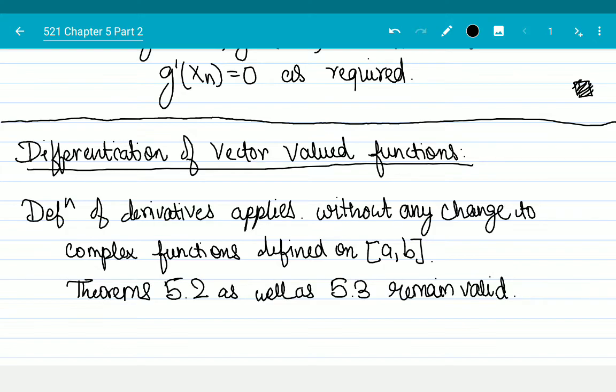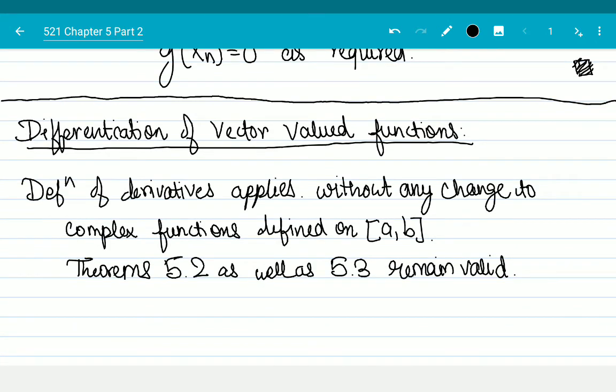Now, if it's a complex function, you can split it up into two parts.